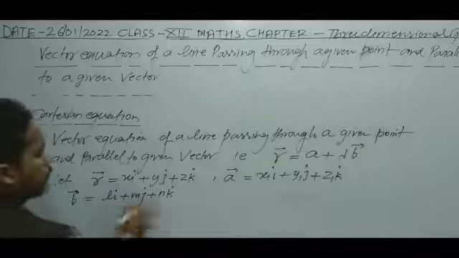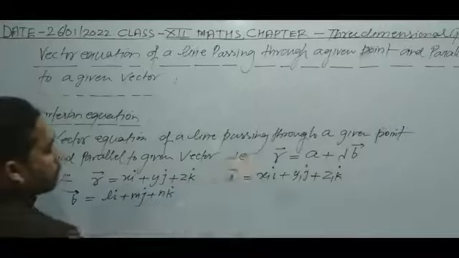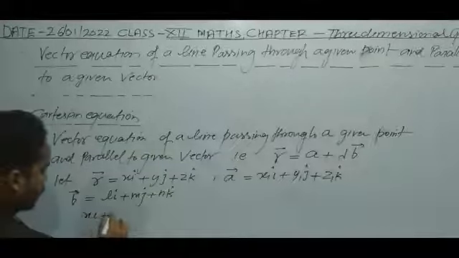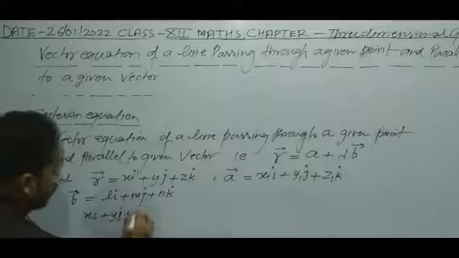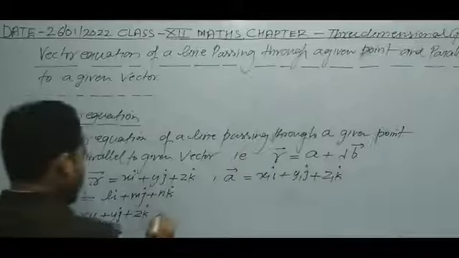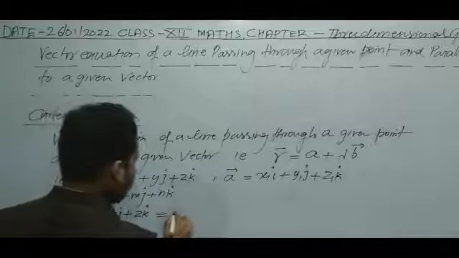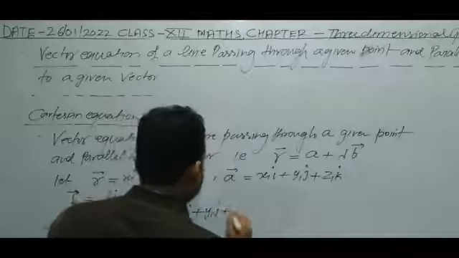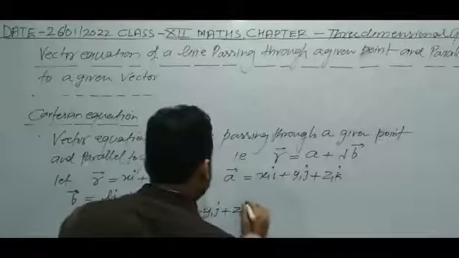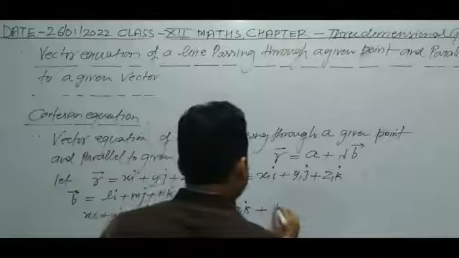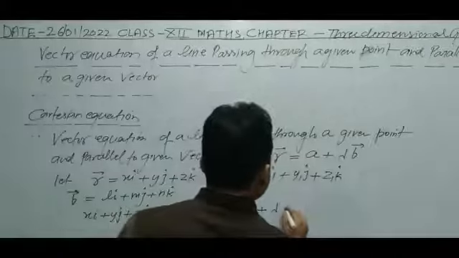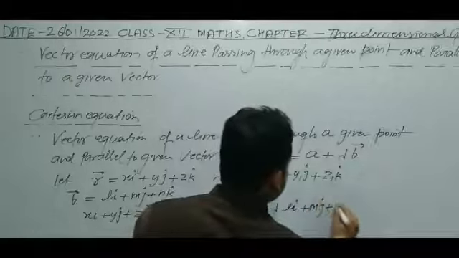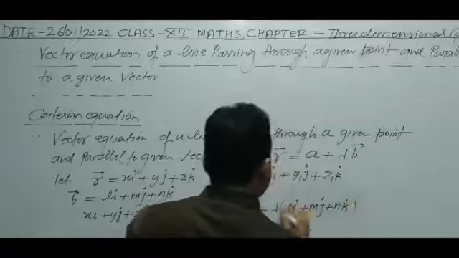Now all these values we have to put in this equation. So you will get xi plus yj plus zk is equal to x1 i plus y1 j plus z1 k plus lambda times (li plus mj plus nk).